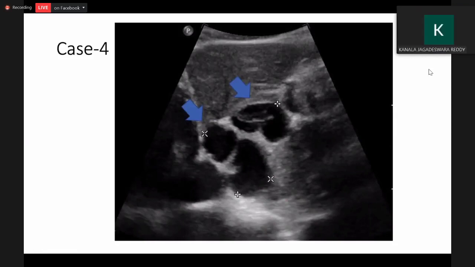Most likely hydatid, sir. Any other differential you want to consider? It's a female, 57-year-old, thick-walled, multiseptate cyst with probable nodules. One other differential you want to consider is a biliary cystadenoma.